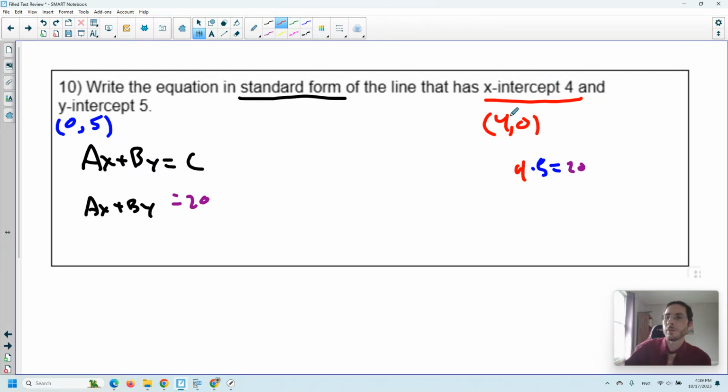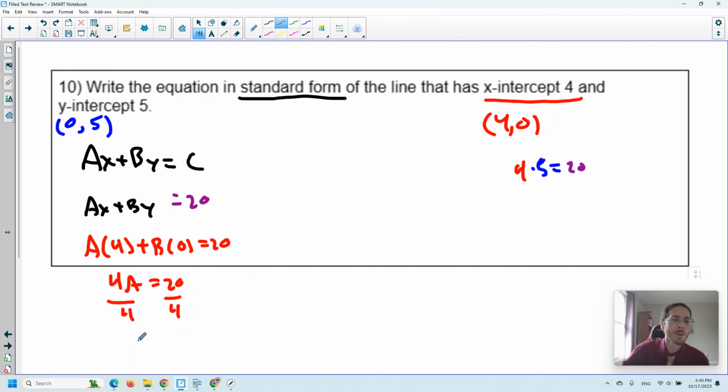Well, if the x-intercept is 4, what I'm going to do is plug in (4, 0) for x and y. So a times 4 plus b times 0 equals 20. Well, that means this is 4a, this is 0, equals 20. Divide both sides by 4. a has to be 5. Interesting. But that's not all. Because if I want, I could have done (0, 5).